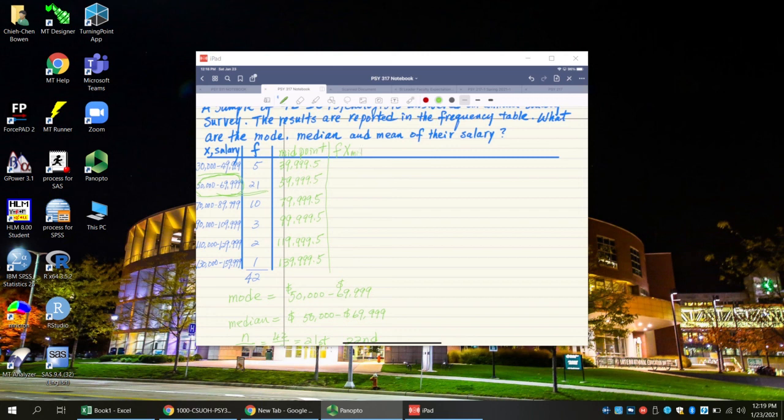So grab those two columns and do the multiplication, and that's where you would get 199,997.5 for the first category.